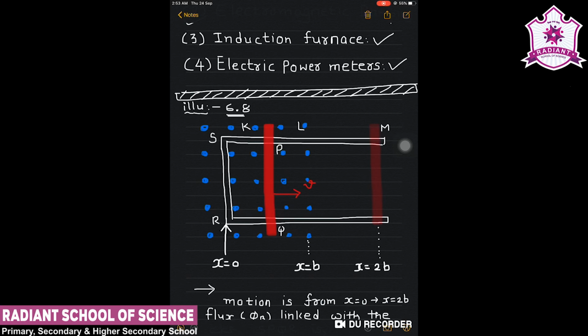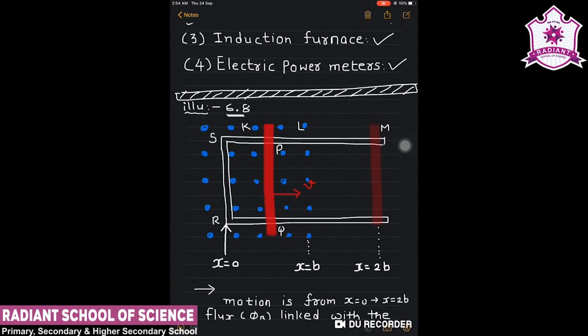Now only the arm PQ possesses substantial resistance r. Consider the situation when the arm PQ is pulled outward from x equals 0 to x equals 2b and is then removed, with constant speed v. Obtain expressions for the flux, the induced EMF, the force which is necessary to pull the arm, and the power dissipated as Joule heat, and also sketch the variation of these quantities with distance.